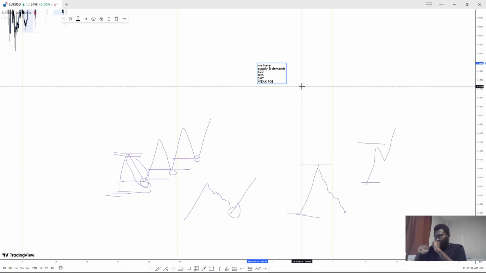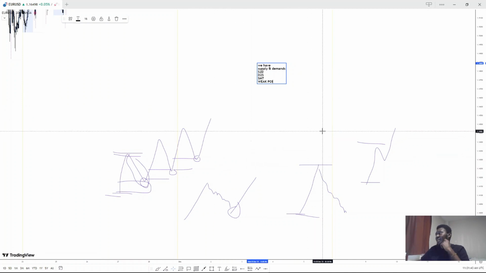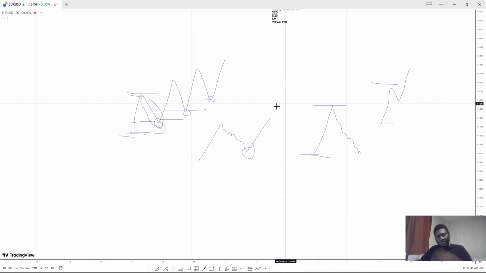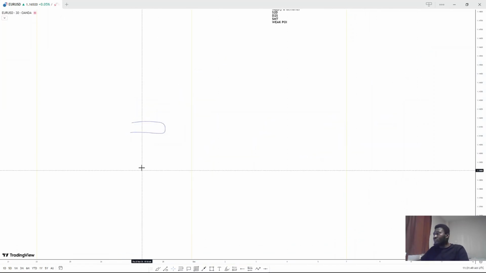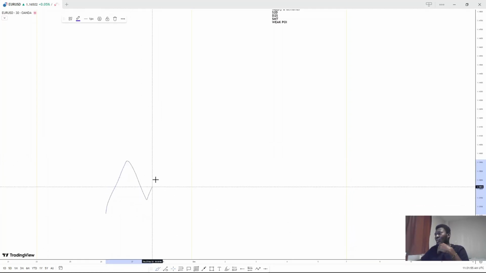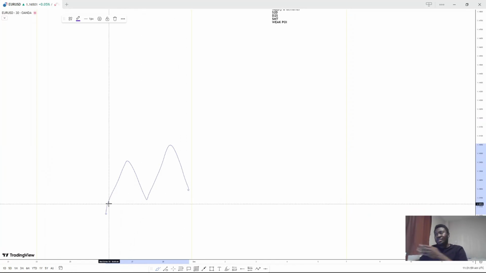Now, when we take a supply and demand, assuming that we have price going up, down, up, down. Now, when price is in an uptrend, we look for demands.